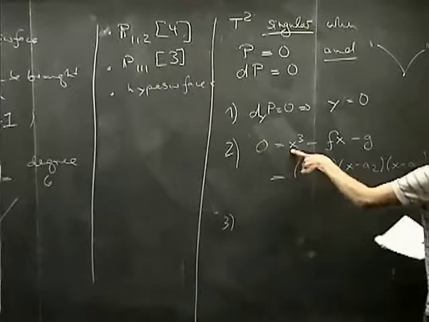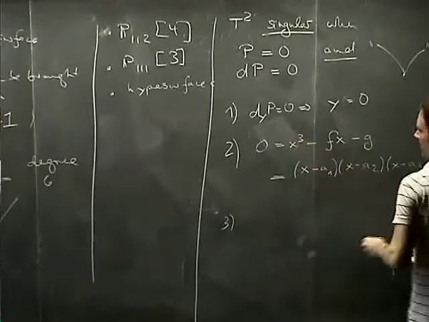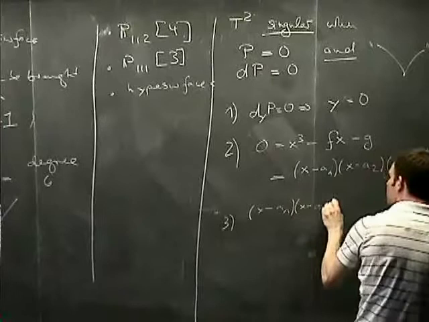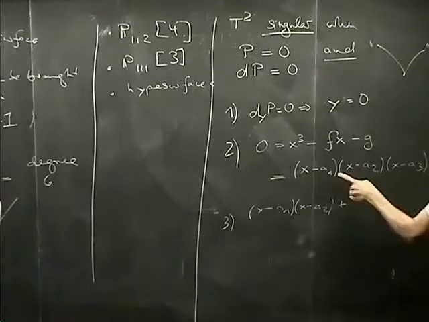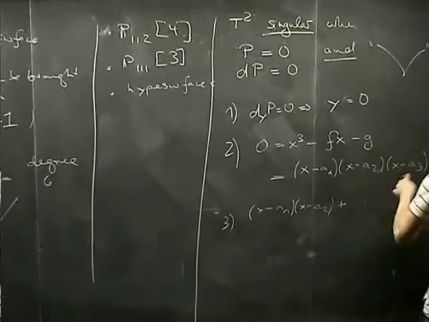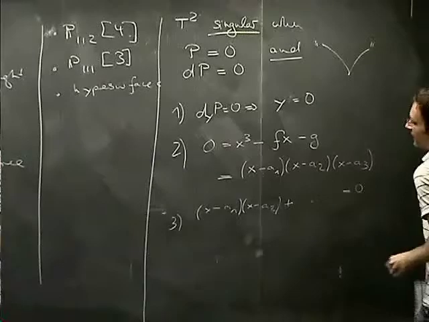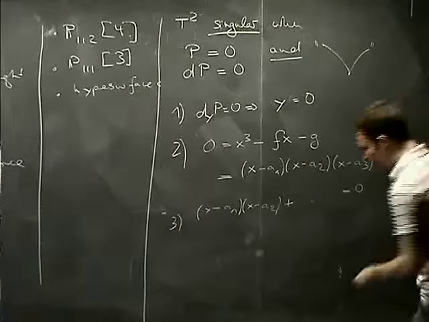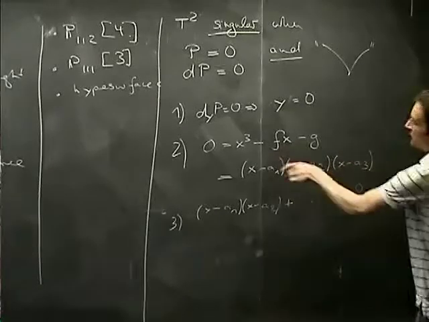But in order for the derivative with respect to x to also be 0, we have x minus a1, x minus a2, plus all the corresponding other terms have to vanish as well. So in other words, x has to be a1 and at the same time a2 or a3. So 2 or more of these roots have to coincide.